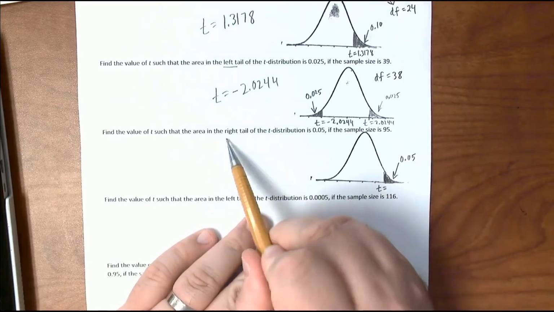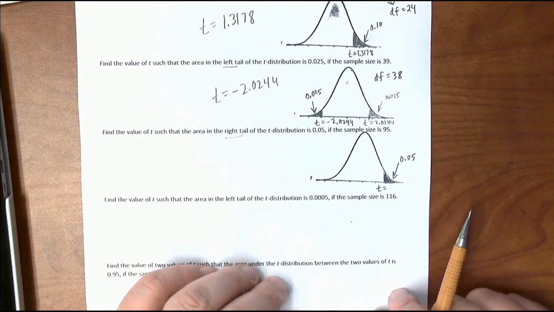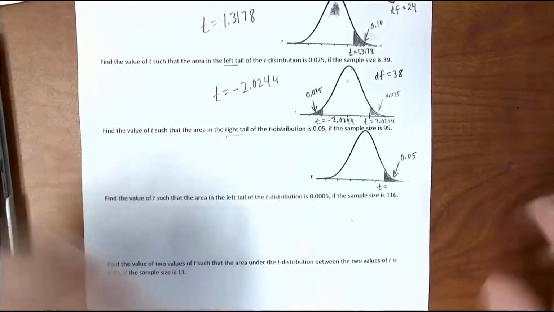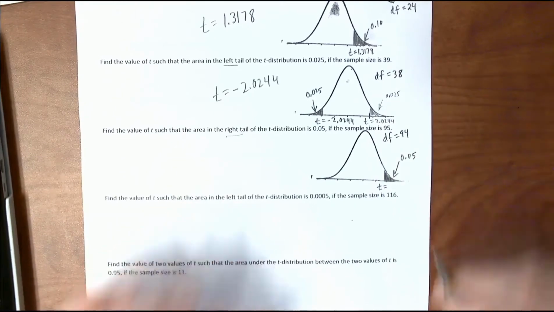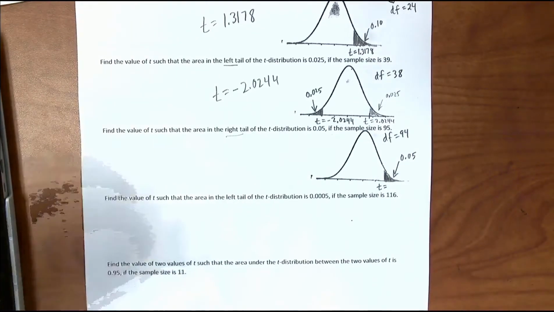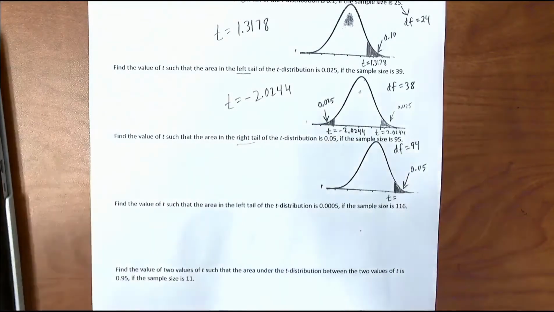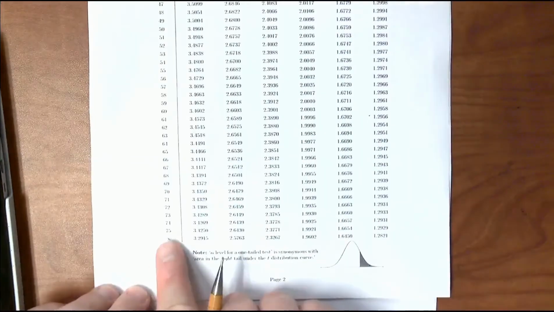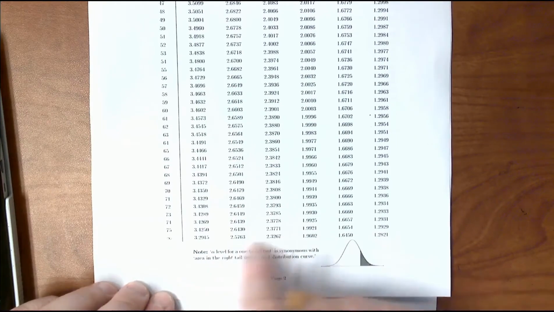Now, right tail is what we like, because that's what we can solve directly. And we go to our chart. First of all, degrees of freedom is sample size minus 1, which is 94. So we go over here, and notice there is no 94. What you do for any degrees of freedom bigger than 75 is you just use the bottom row.